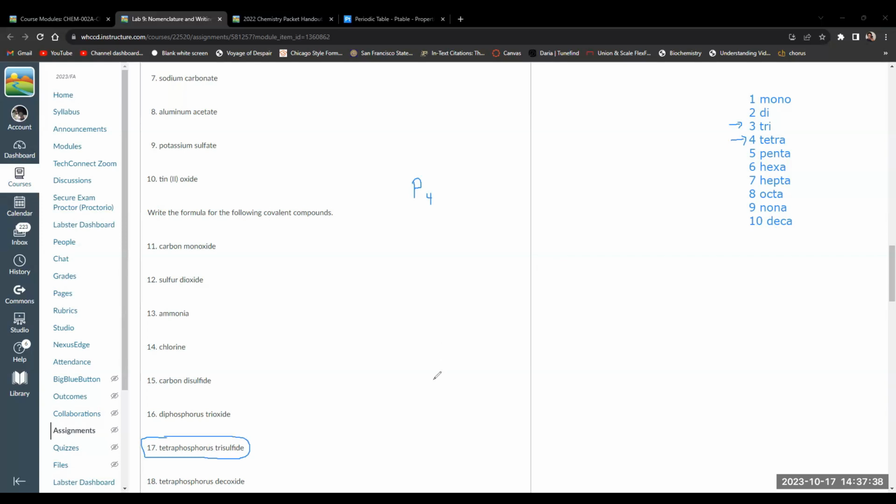Trisulfide, again, IDE. So know that in the element sulfur, the last letters were replaced with IDE. And we're working with the prefix tri. So we have 3.